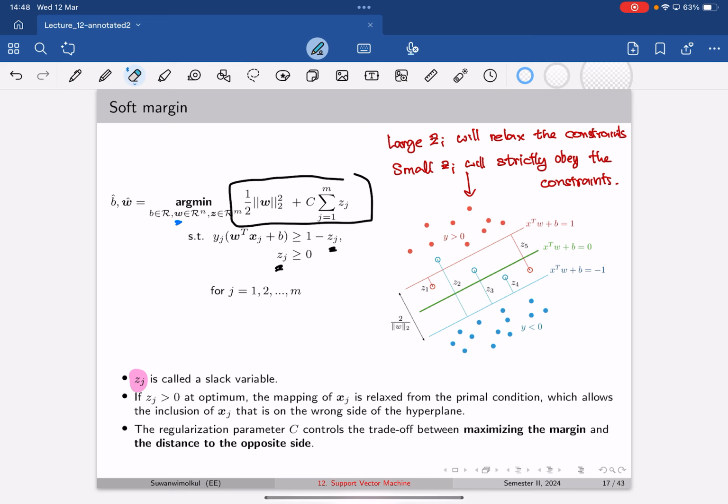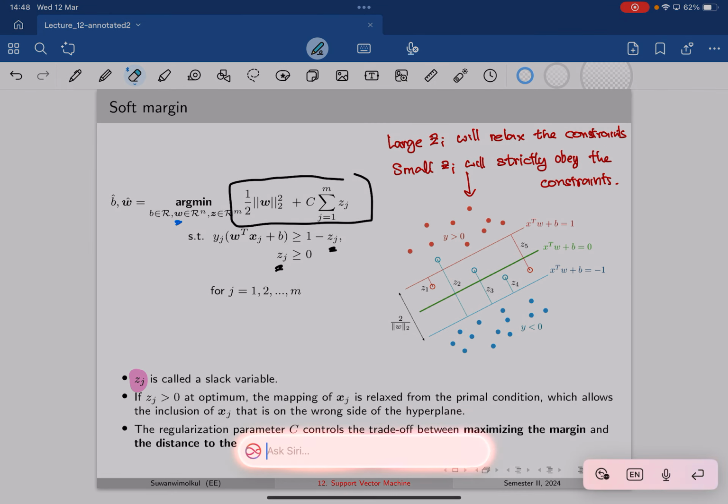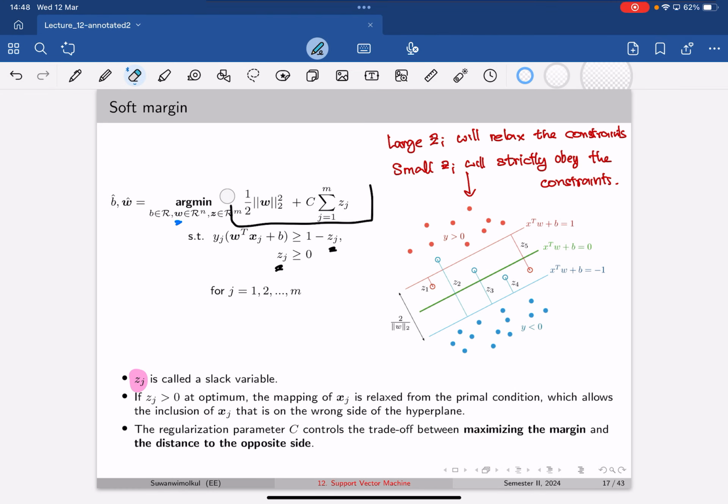And therefore it has to have some kind of regularization parameter C here. So this parameter C will somewhat control the impact from your slack variables.